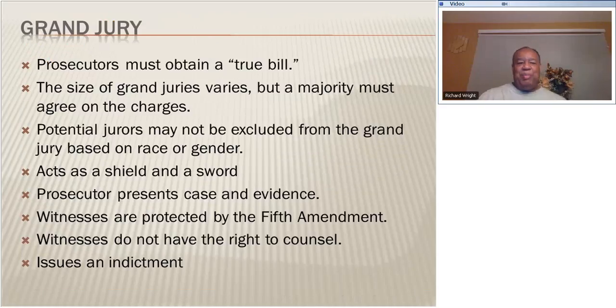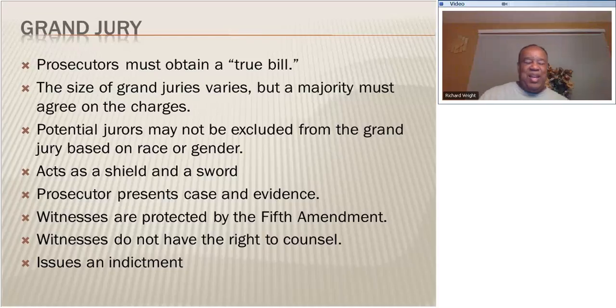The grand jury, I talked about that, obtains, as I said, what we call a true bill, and the size of the grand jury varies based on jurisdiction, but I said that a majority agrees on the charges. Now, potential jurors in the grand jury may not be excluded based on race or gender, and it acts as a shield and a sword.